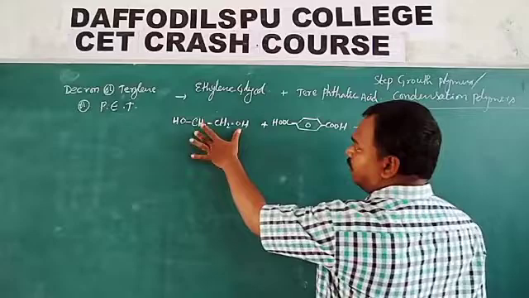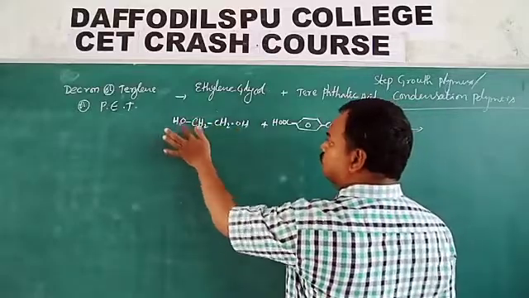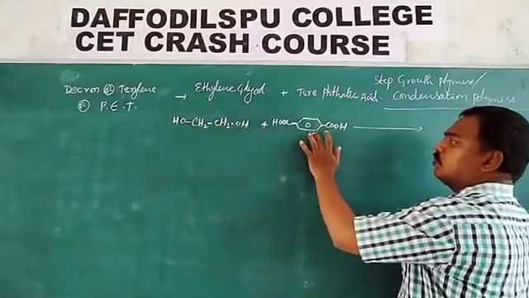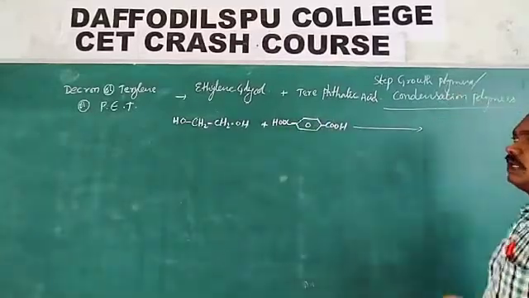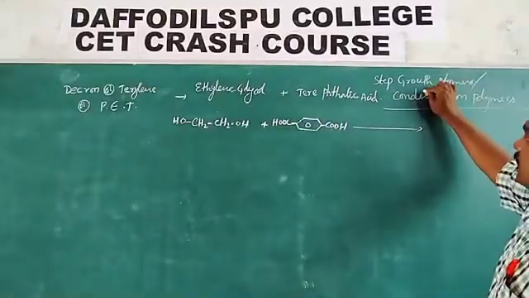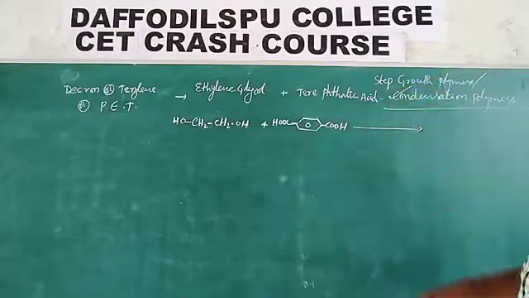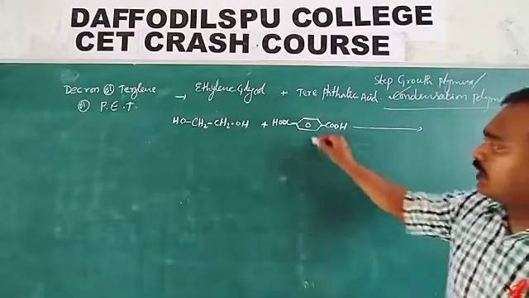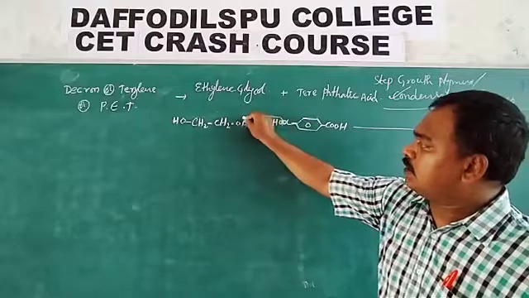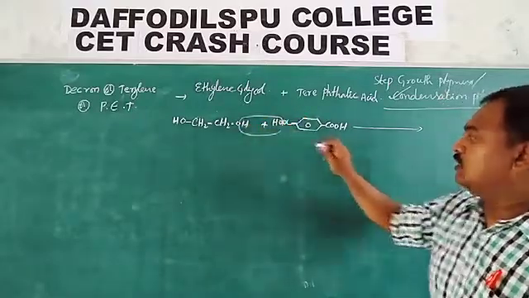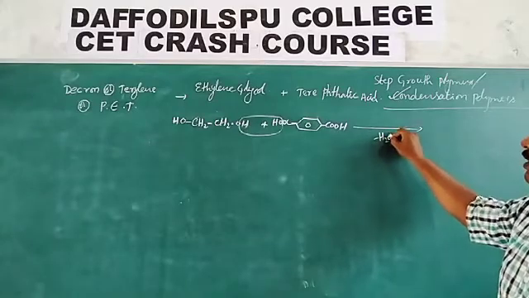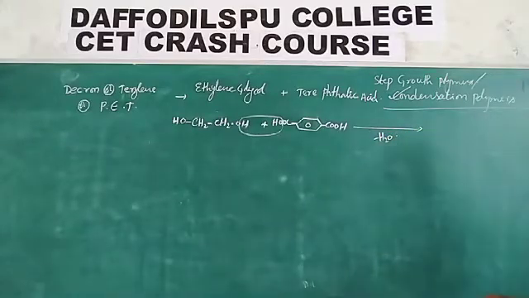So look at here. This monomer contains two functional groups. This monomer also contains two functional groups. When two functional groups are present, you can expect a condensation polymerization. In condensation polymerization, while connecting these two monomers, water is eliminated. So I remove the water.